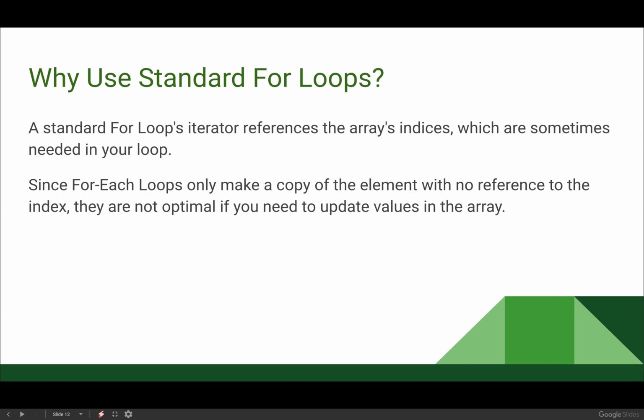They're not going to be optimal if you want to actually update values inside of the array. They're not going to let you make changes to the array. So if you want to update your array while you're looping, you're going to want to use a standard for loop or a while loop instead of an enhanced for loop or a for each loop.